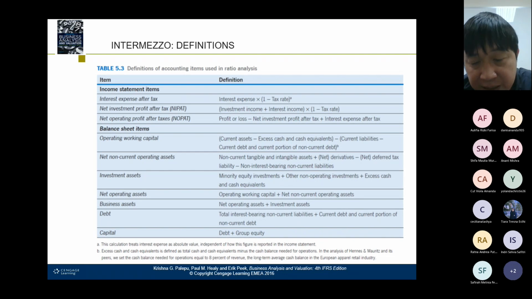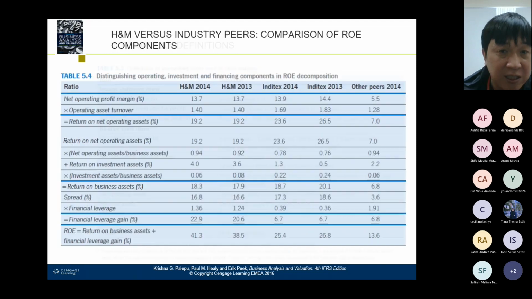Net operating assets plus the investment assets. The debt is the total interest-bearing non-current liability plus current debt and the current portion of non-current debt. The capital is debt plus the equity.